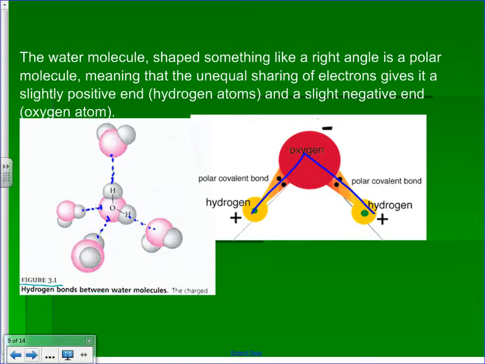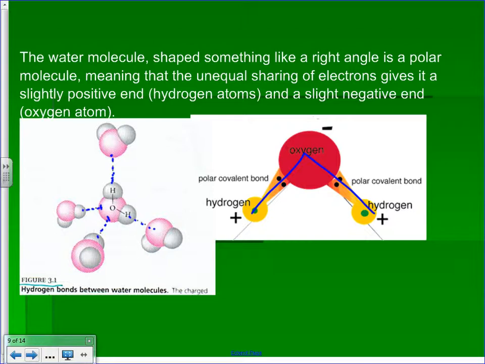Now, here's the problem though. Any substance, when you cool it, starts to do what? It starts to shrink, right? It starts to contract. Well, when it starts to contract, that means the molecules are getting a little bit closer together. Well, there comes a point where you get this water molecule too close to this one, and the negatives start getting close to each other.